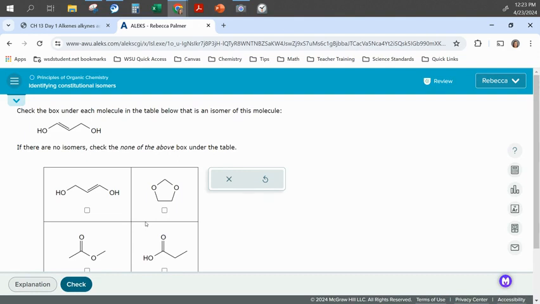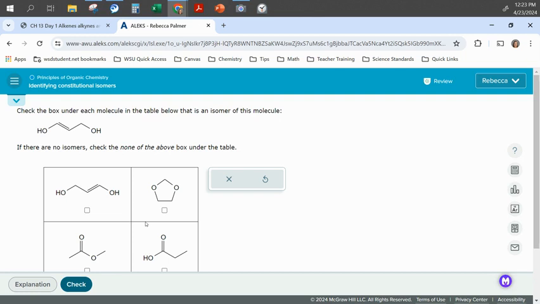So same thing, this one has one unsaturation. We're going to count the carbons, 1, 2, 3. We're going to count the hydrogens. There's 2 here, there's 1 here, there's 1 here, and then there's these ones. 2, 4, 6.